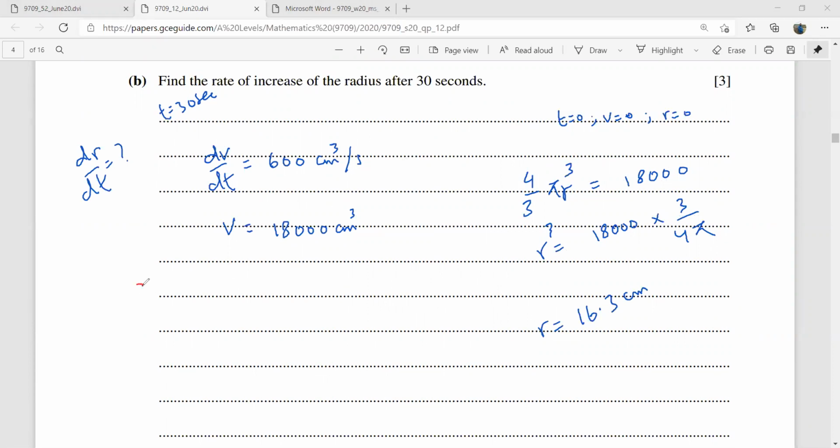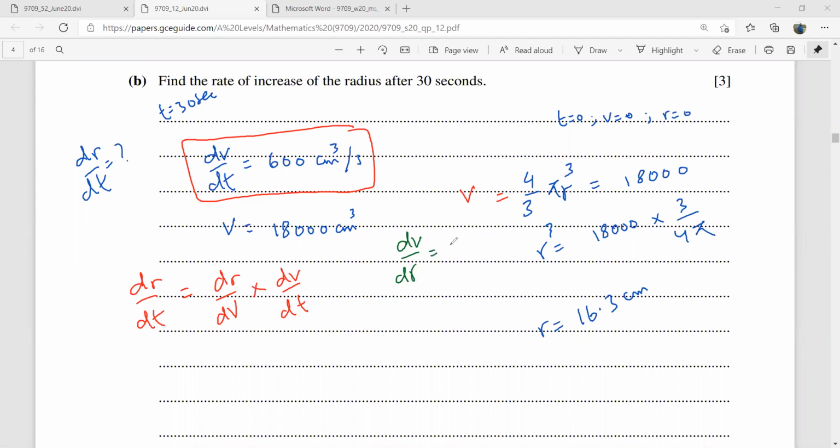We can say that dr by dt is going to be dr by dV into dV by dt. We already have dV by dt. Let's find dV by dr from here. If you differentiate the volume, dV by dr is going to give you 4 pi r square.